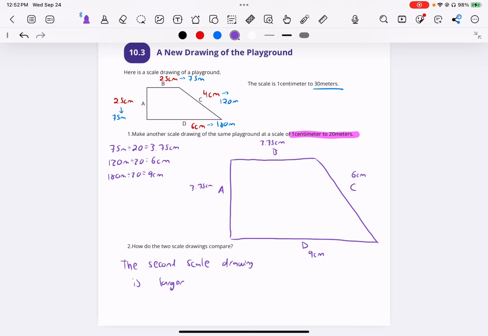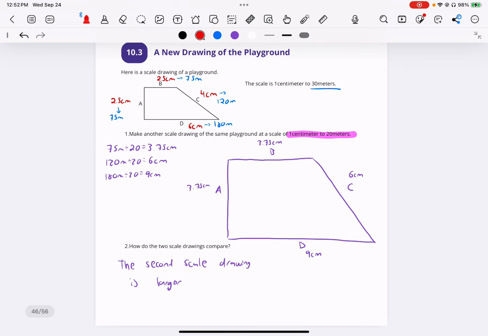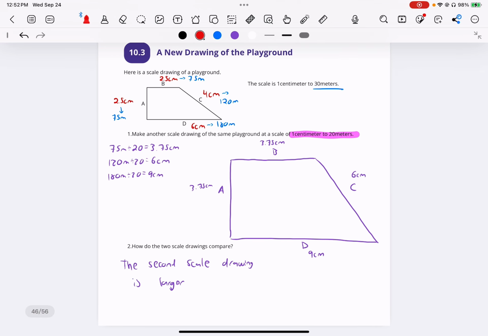And we can determine that by looking at the scale. So if we notice at first, the scale was 1 centimeter equals 30 meters, and then we change it to 1 centimeter equals 20 meters. So when you have the smaller scale, the larger your scale drawing.